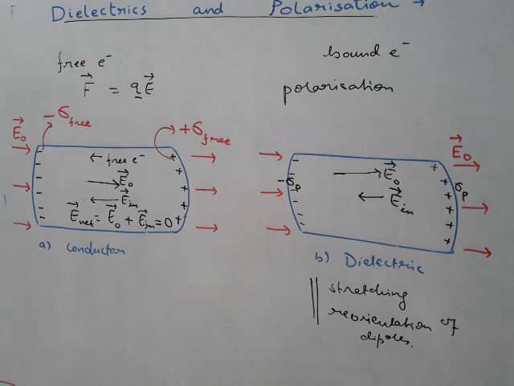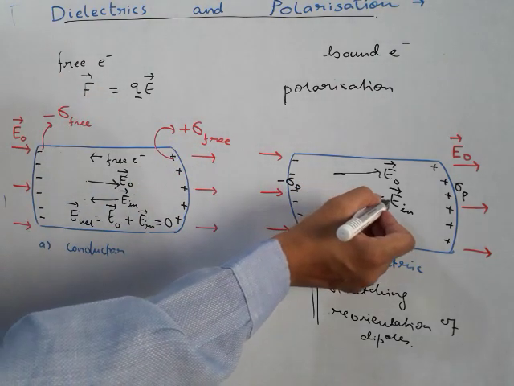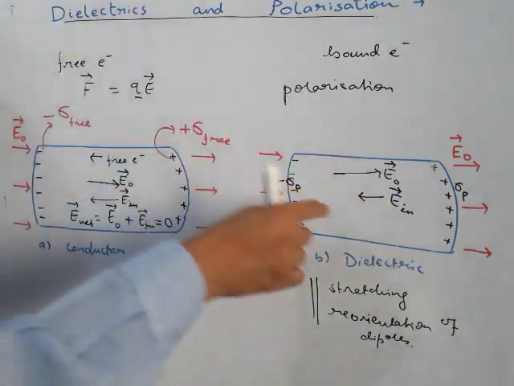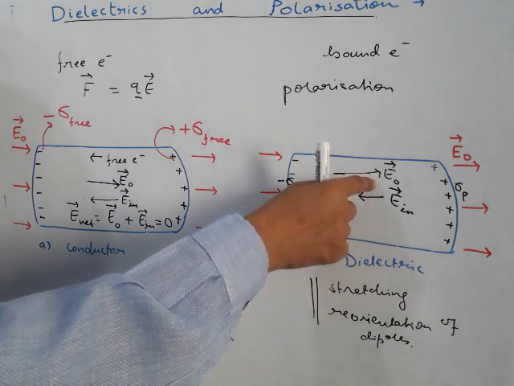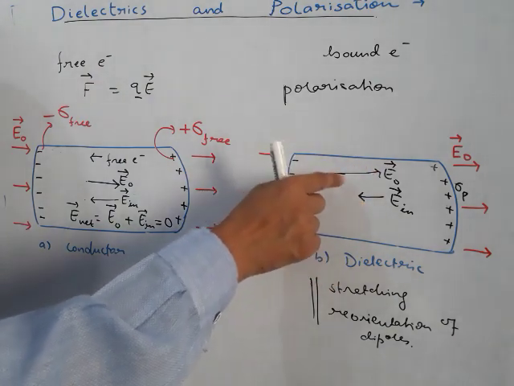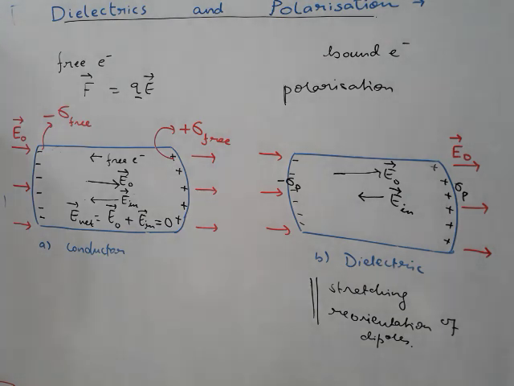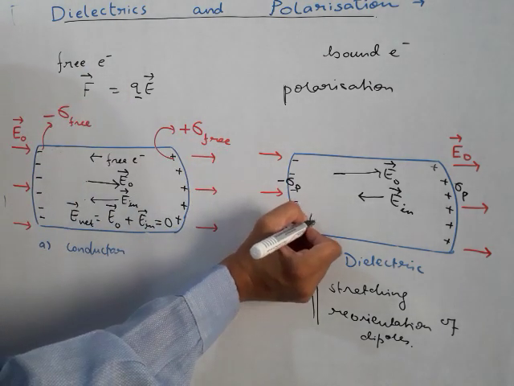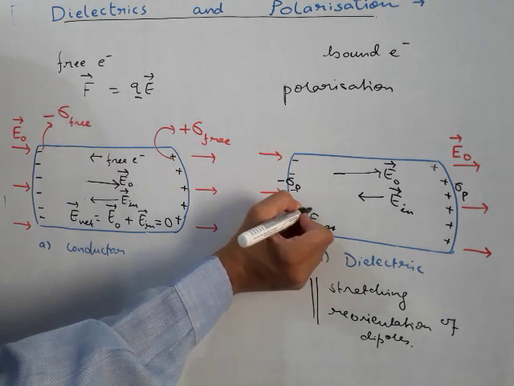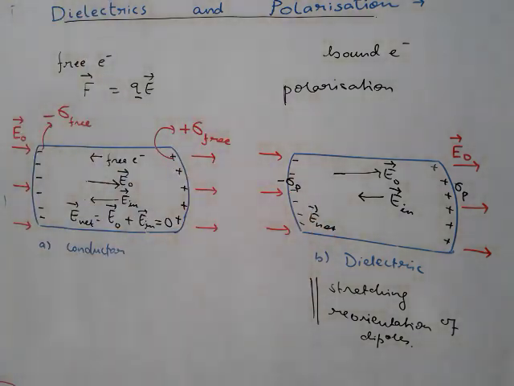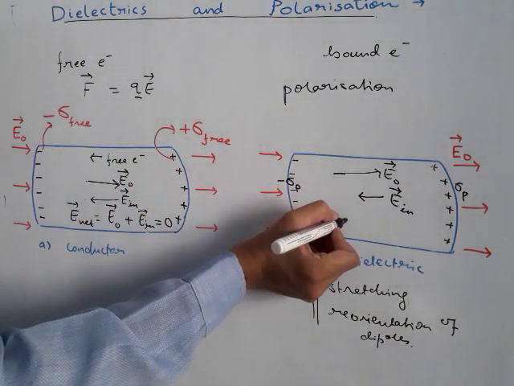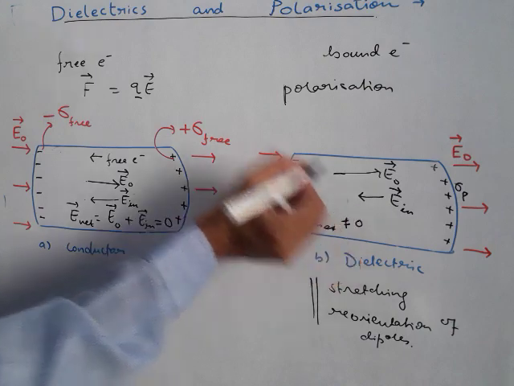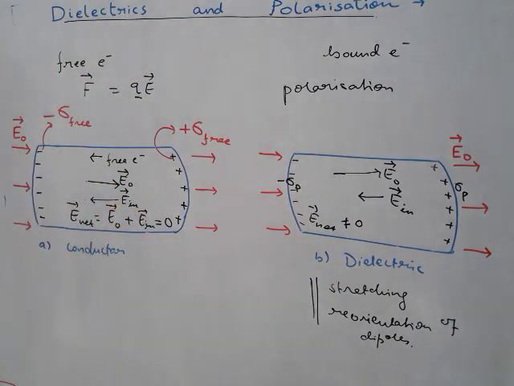But in case of dielectrics, this field E in vector is smaller in magnitude compared to E naught vector, and therefore although they are in opposite direction, complete cancellation does not take place. Therefore E net vector in this case will not be equal to 0. So E net is not equal to 0. Here the net electric field is equal to 0. So that is one prime important difference between conductors and dielectrics.